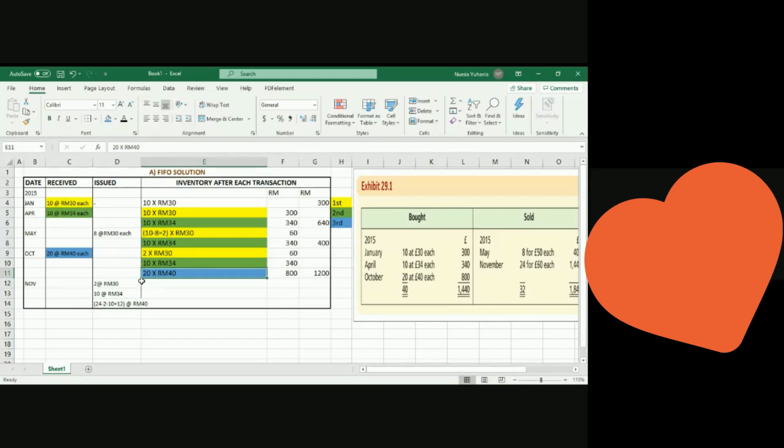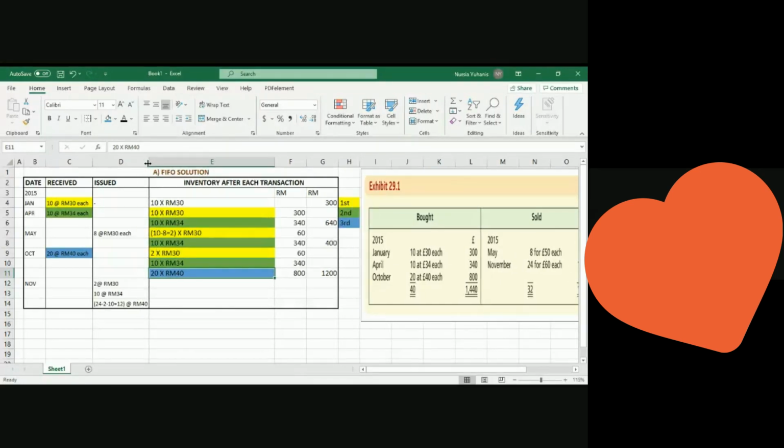The latest stock is 20 items, and you minus 24 minus 2 minus 10, so you need to meet the demand of 12. That's why you sell 12 items from the third batch. This one is in terms of selling. I hope that's clear.